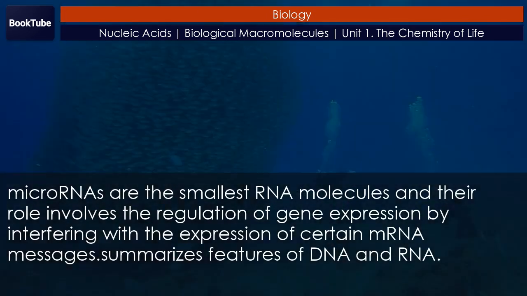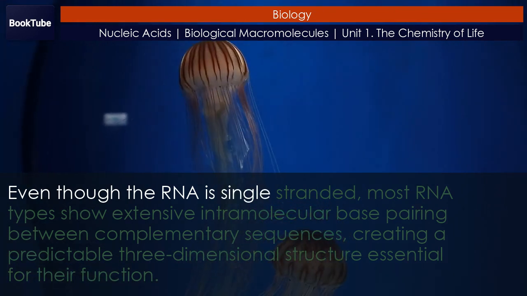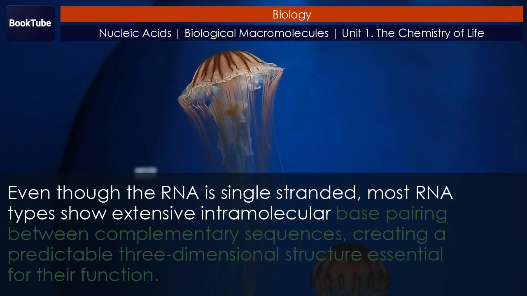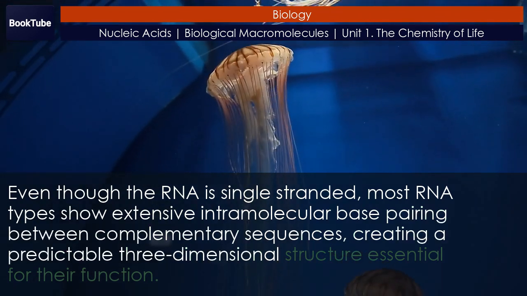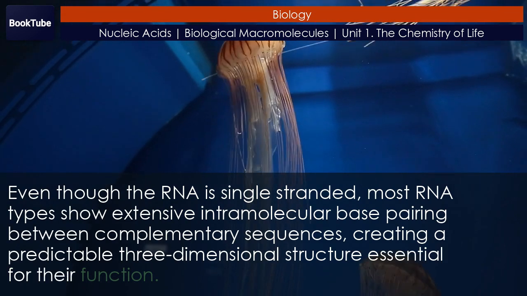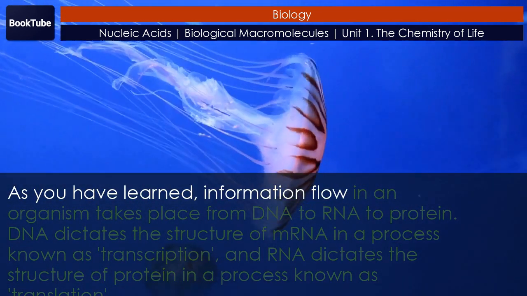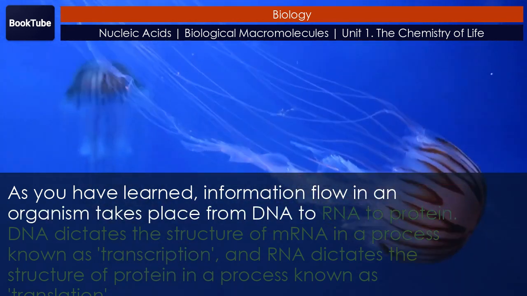Even though the RNA is single-stranded, most RNA types show extensive intramolecular base pairing between complementary sequences, creating a predictable three-dimensional structure essential for their function. As you have learned, information flow in an organism takes place from DNA to RNA to protein.